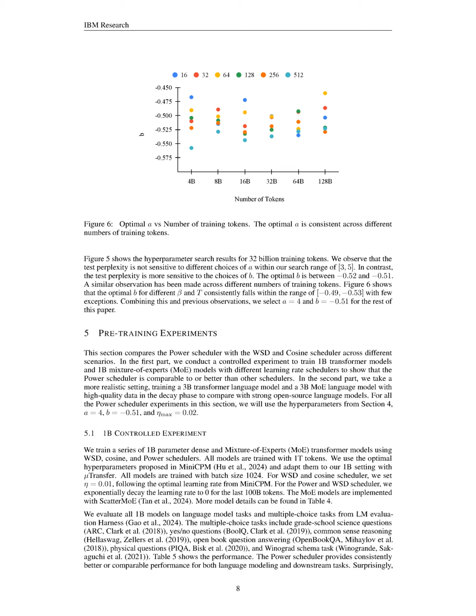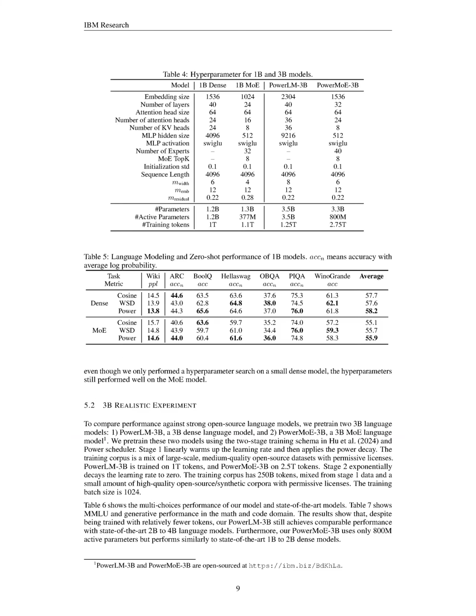In controlled experiments with 1B parameter models, the Power scheduler consistently outperformed or matched the performance of models trained with WSD and cosine schedulers on language modeling and multiple-choice tasks. In a more realistic setting, the PowerLM3B and PowerMoE3B models, pre-trained using the Power scheduler, achieved competitive results against state-of-the-art models despite being trained on fewer tokens.